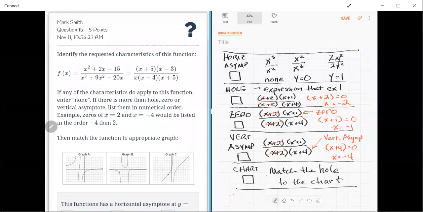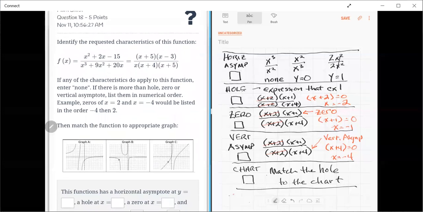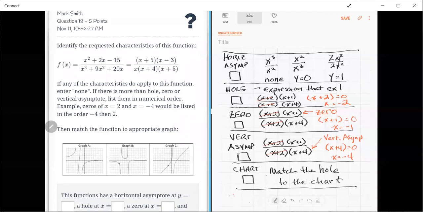This is a help chart for how to do 18, 19, and 20. All right, 18, 19, and 20 ask you for these 5 things that are on the left: horizontal asymptote, a hole, a zero, a vertical asymptote, and a chart.